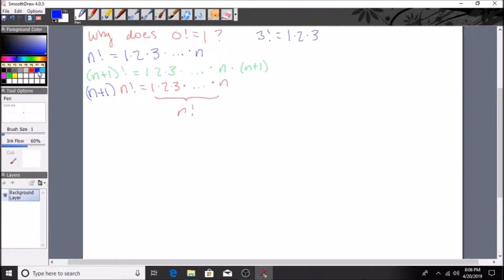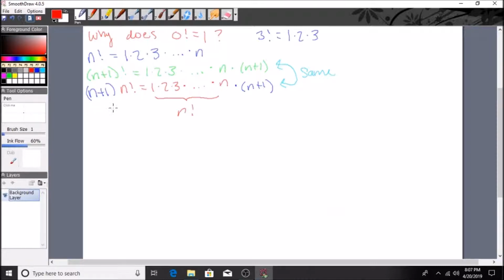And then I'm going to write out the times n plus 1. And so what we did is we take n factorial, we multiply all those numbers together, we get some number, and then we just multiply by n plus 1. But if you notice here, these two are the same. So it means we can write it either way, which is an idea we are going to use in the proof. I'm not going to say formal, but in the proof.